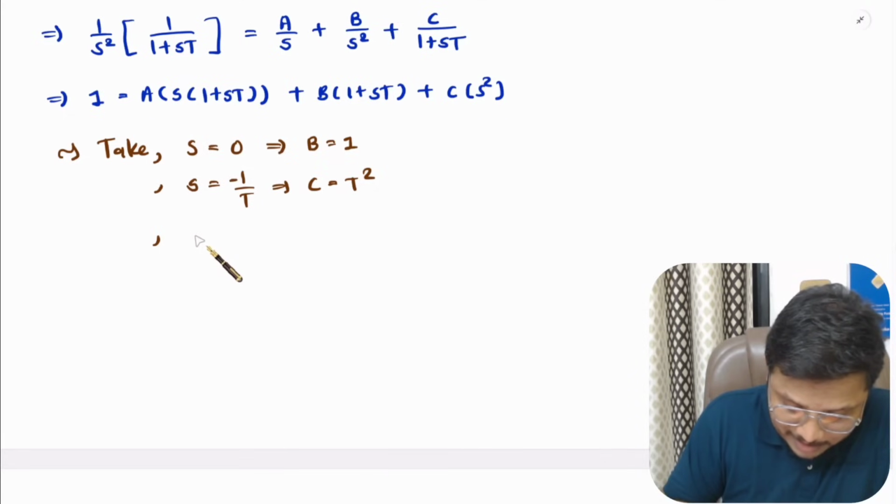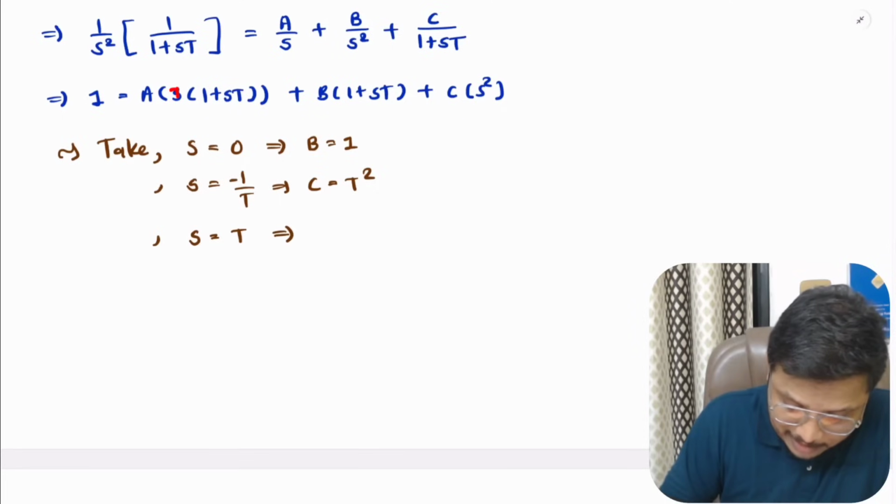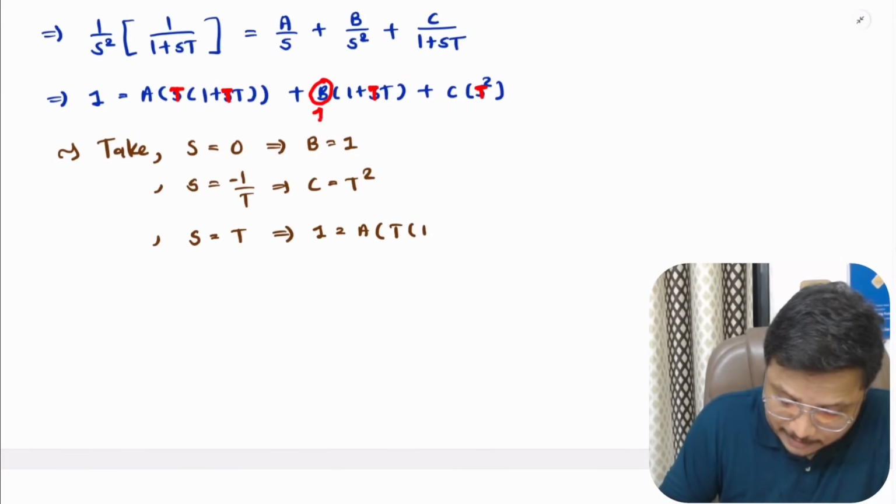Now here we don't have anything which we can directly consider, so we are taking S equal to T. If I take S equal to T, then we will have 1 equal to A into S, that is T now, into 1 plus ST, which means we will have T square.